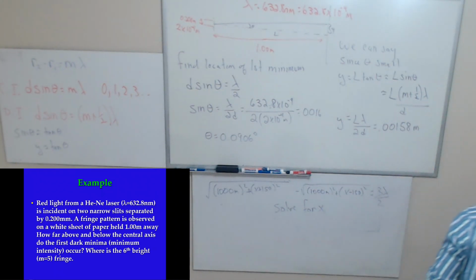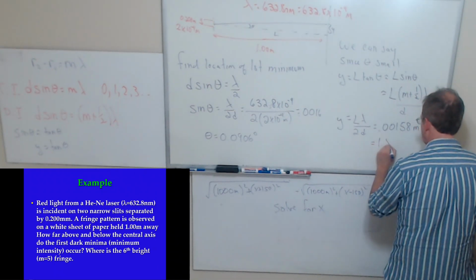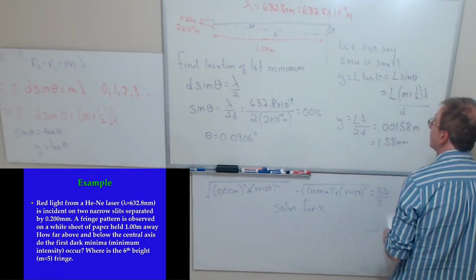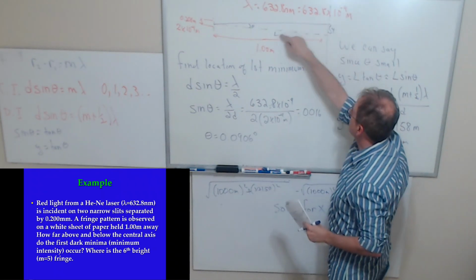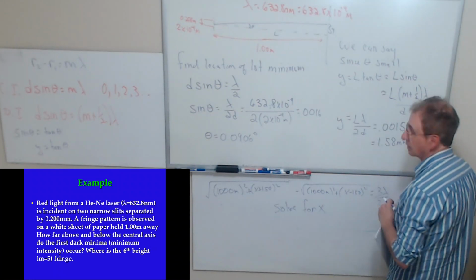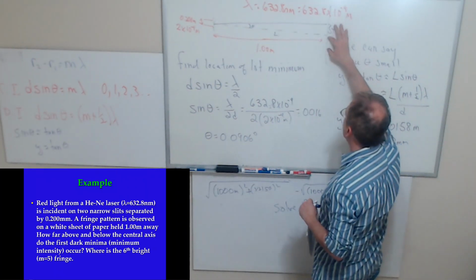And in millimeters, 1.58 millimeters. In fact, you will observe this above the central axis and below the central axis. So really, the location of the minimum can occur above and below the central axis.